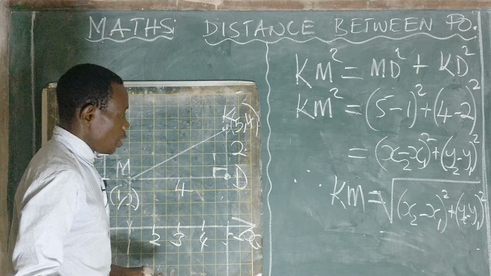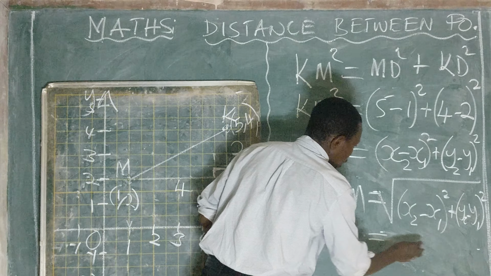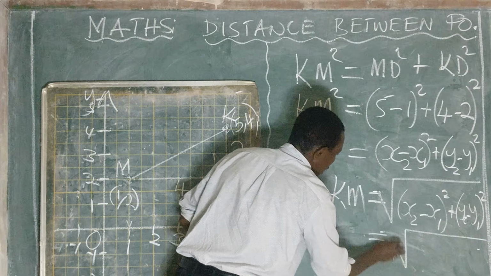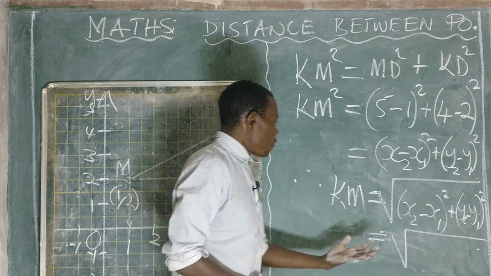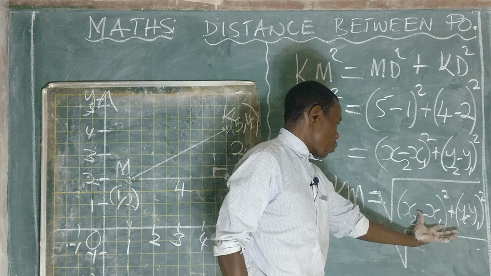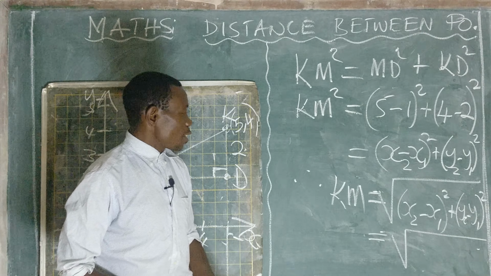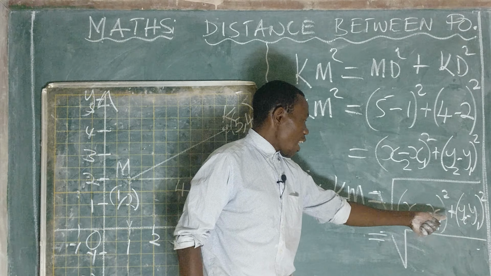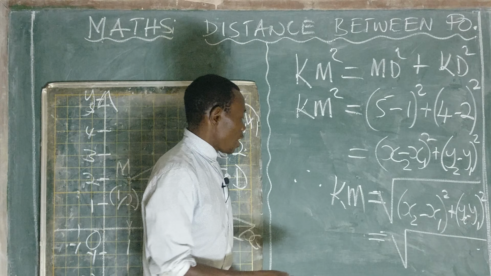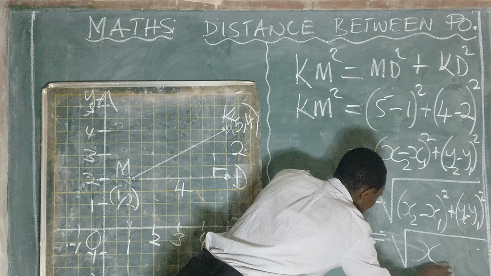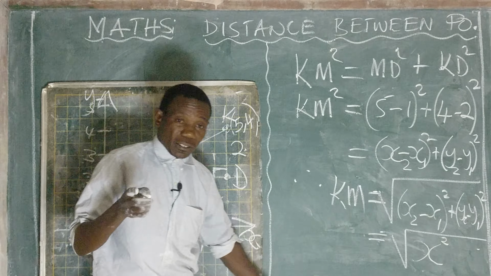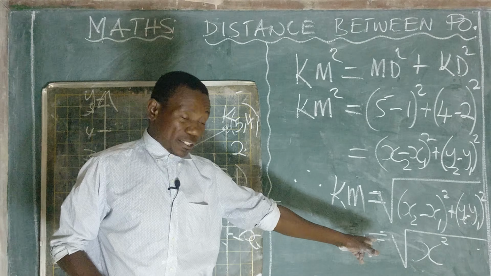Right, so that's it. To make it brief here, you can have a brief representation of this expression. Instead of writing x2 minus x1 squared, sometimes you can just write that as x, then squared, as long as you know the meaning of that x.